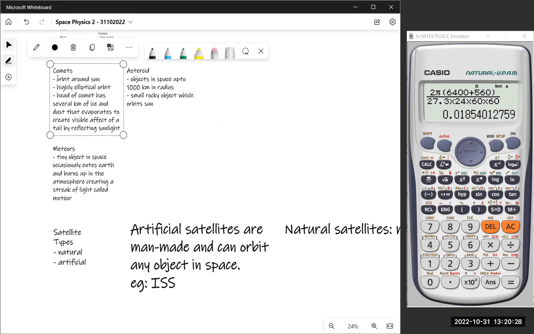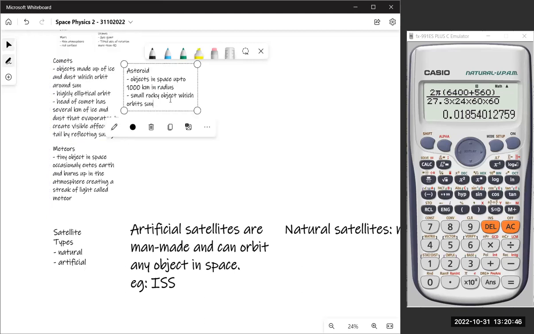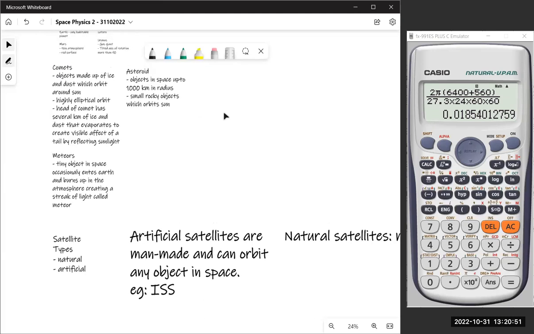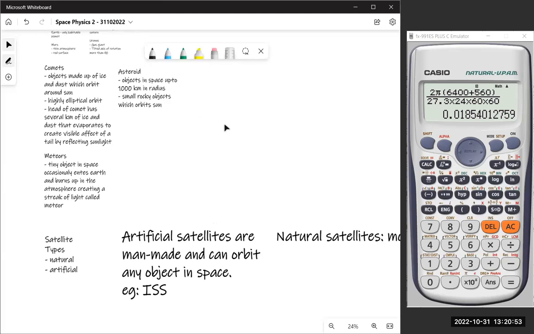Asteroids are small rocky objects which orbit the sun, but comets are objects made up of ice and dust, which orbit the sun. So comet is ice and dust. Asteroid is rocky. Asteroids do orbit the sun, but their orbits are not fast. They don't have an elliptical orbit.